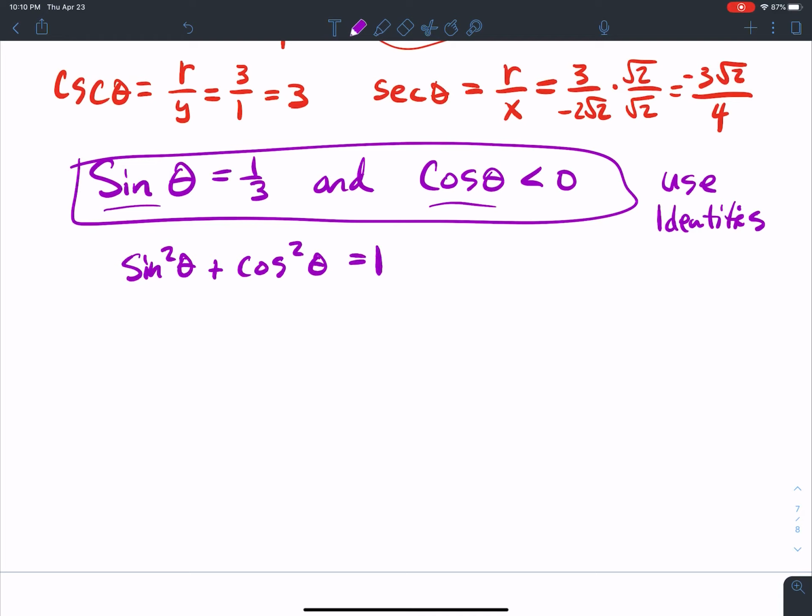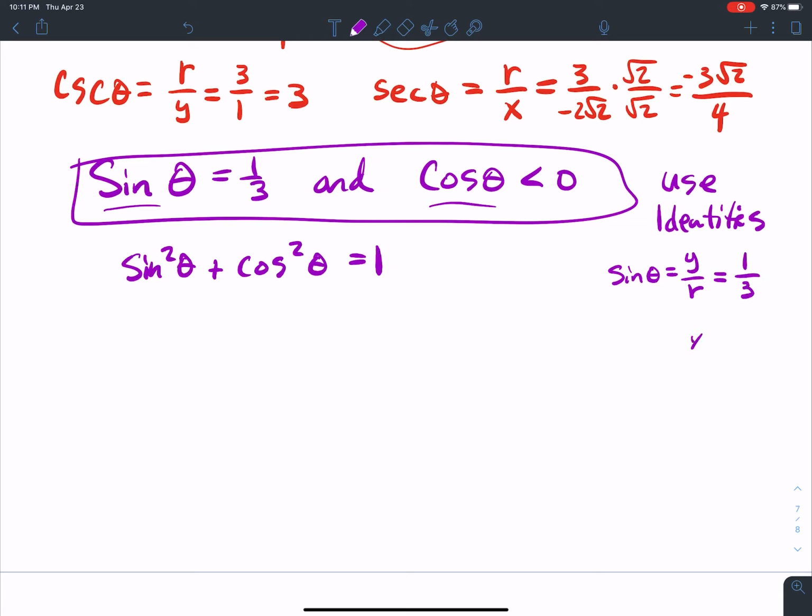Now, if we can get cosine theta, then we can get the others, right? Because sine theta is equal to y over r, right? And so what does that tell me? That tells me that y is 1 and r is 3.